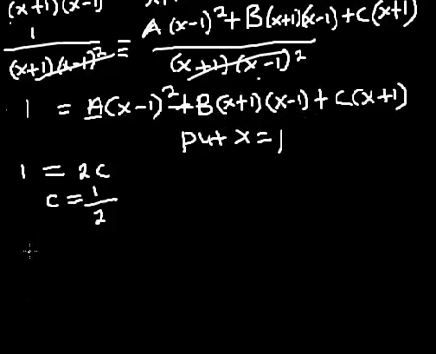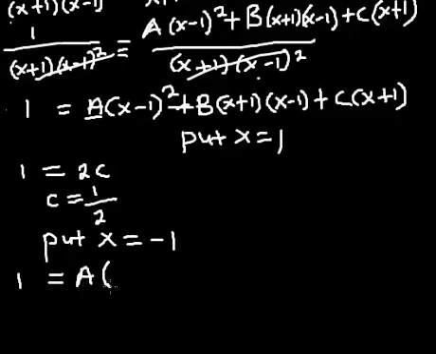All right, it's easy. So put x equal to minus 1, so this is going to be 1 is equal to a open bracket minus 1, square. So if I put minus 1, of course minus 1 plus 1 is 0, so everything here, b will be eliminated.